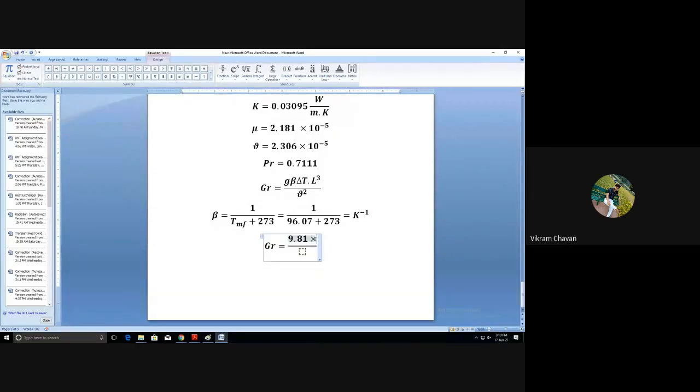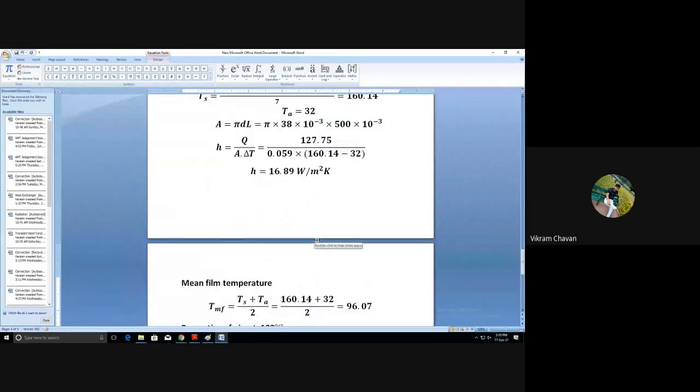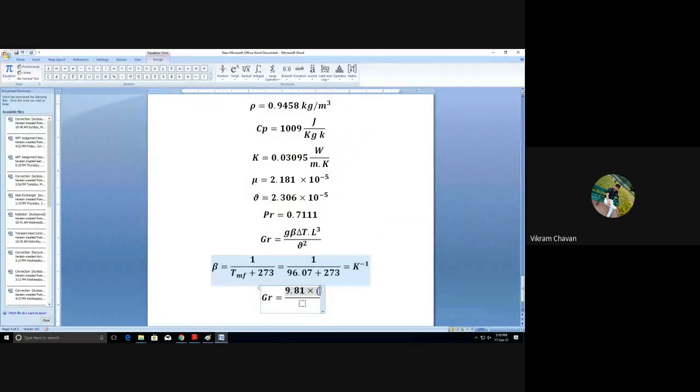Delta T I will write over here. Meanwhile, you calculate beta. Delta T will be 160.14 minus 32.